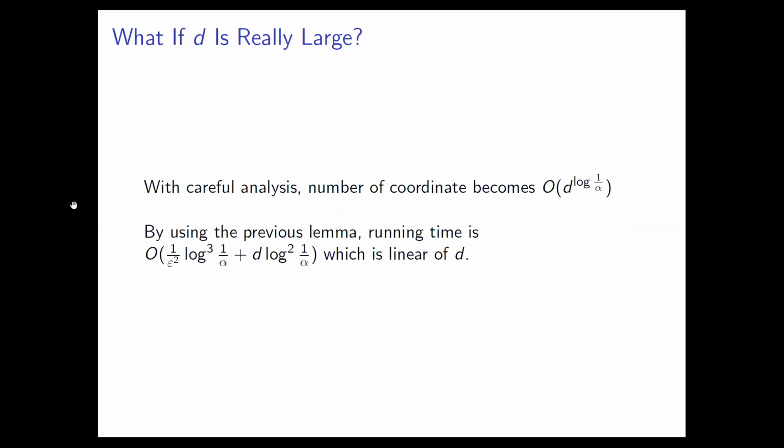We can show that the number of coordinates we need becomes d to the power log 1 over alpha. So again, if we apply the previous lemma, we can construct our mapping in 1 over epsilon squared log cubed 1 over alpha plus d log squared 1 over alpha time. Now, this is linear in d.